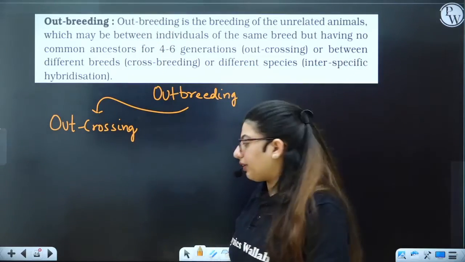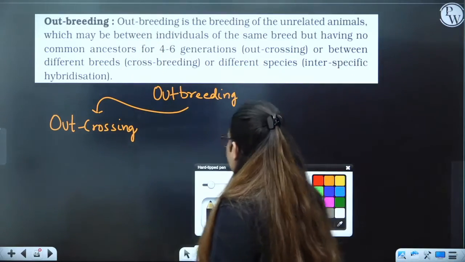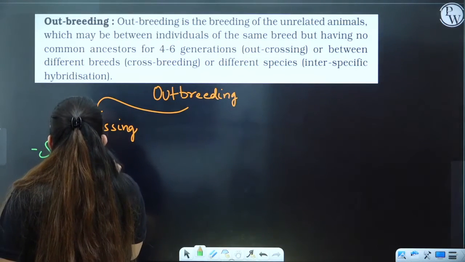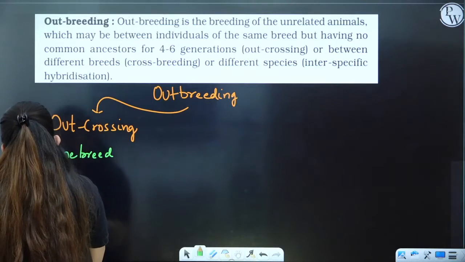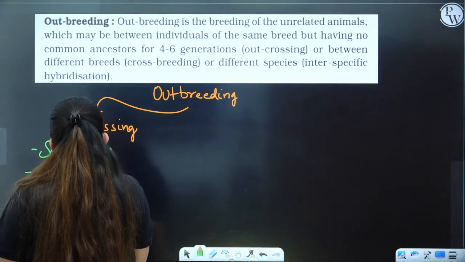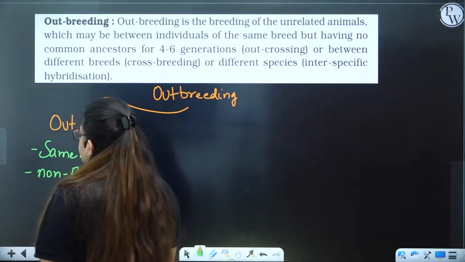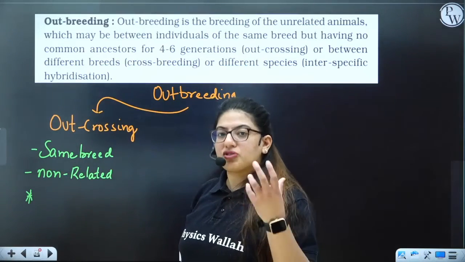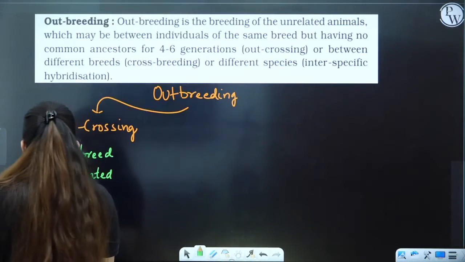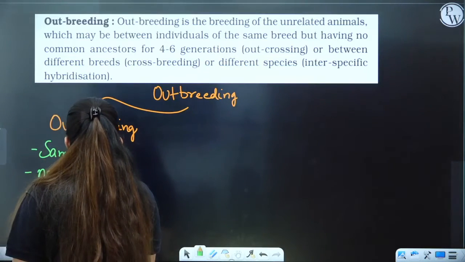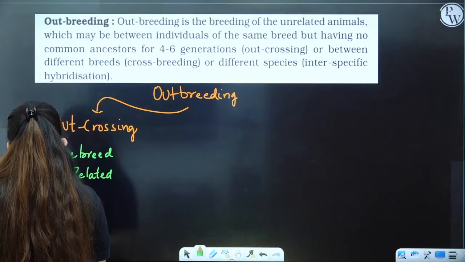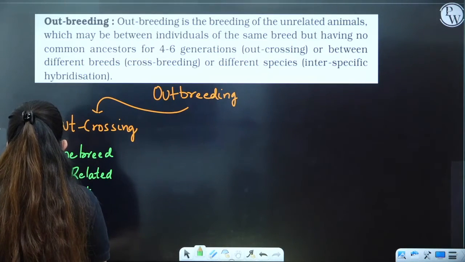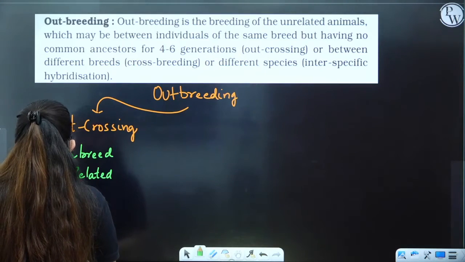So in outcrossing, the organisms that mate belong to the same breed but are non-related. Outcrossing is done when you want inbreeding depression to go away, so it prevents inbreeding depression. The negative things of inbreeding are taken away by this.